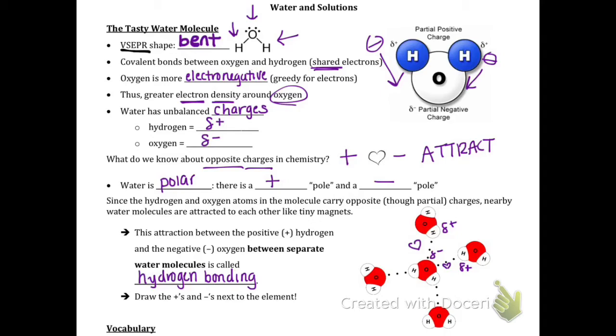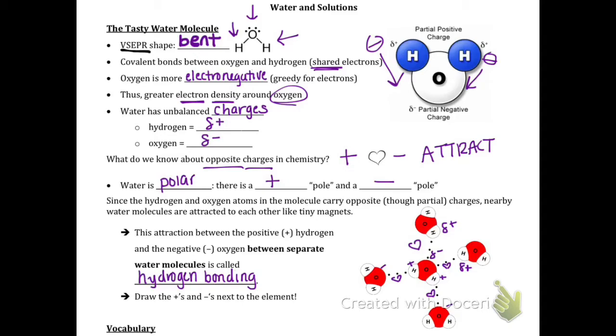Here's another partially positive hydrogen with a partially negative oxygen. So they will like each other. Partially positive here, partially negative here. So they get attracted to each other. And so they will get sucked into each other. So when you see water droplets touch another water droplet, you will see that they attract each other very strongly, and that is called hydrogen bonding.